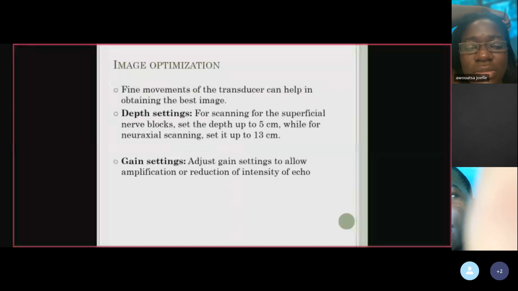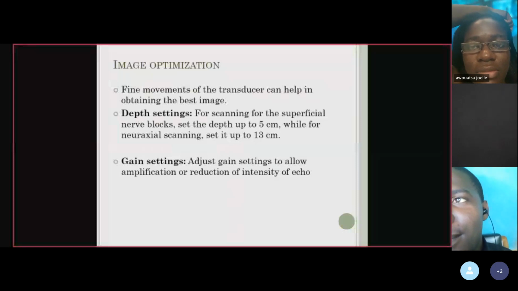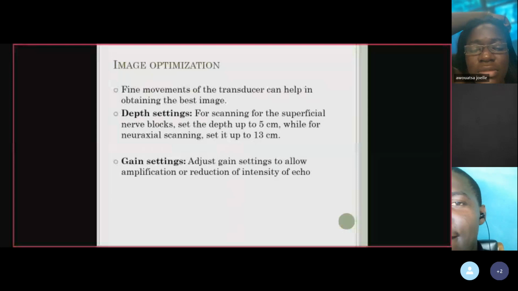These are the two important settings which have to be done. Okay, and it can change with different doctors or the person who is scanning, because ultrasound is mainly dependent on the operator. If you know how to do the scan perfectly, you will get an image faster than the rest.